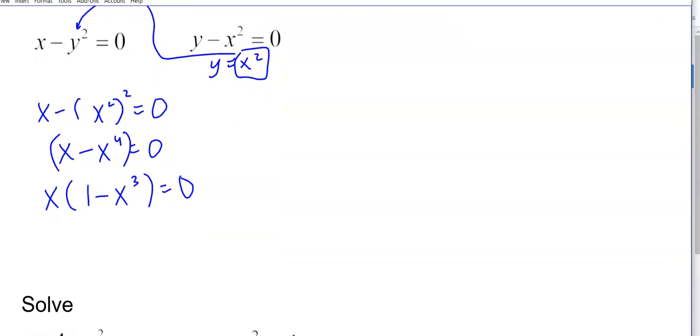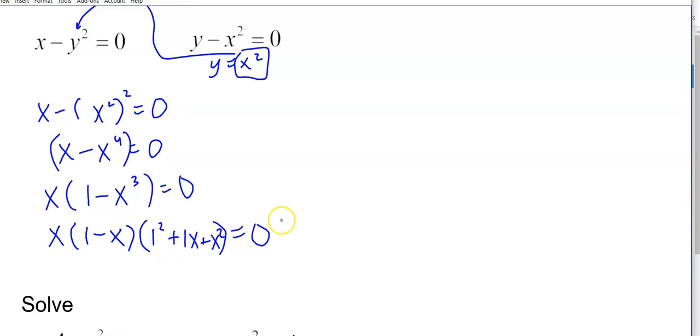So I'm going to try to factor that using difference of cubes, if you remember that formula from first semester. 1 minus x, this is 1 squared, plus 1x, plus x squared. Sorry, this one's plus, that one's plus. Okay, yeah, that's right.